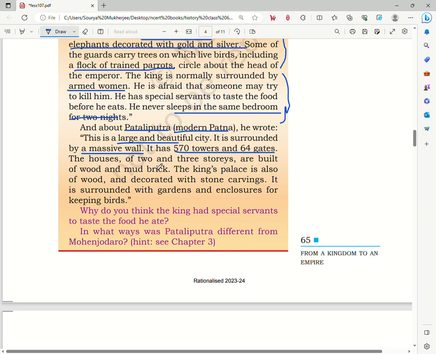The houses of 2 and 3 stories are built of wood and mud brick. The king's palace is also wood, decorated with stone carvings. It is surrounded with gardens and enclosures for keeping birds.